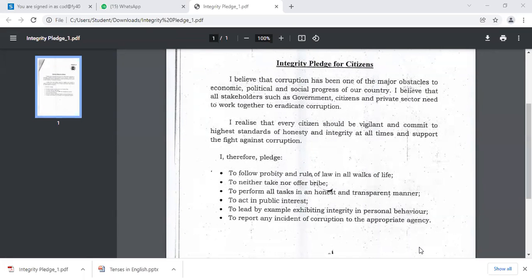So I believe that corruption has been one of the major obstacles to economic, political, and social progress of our country. Follow me.